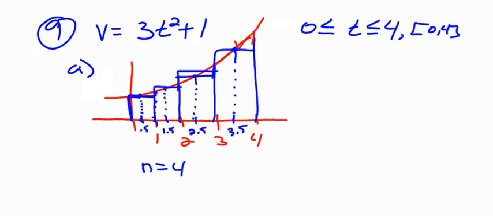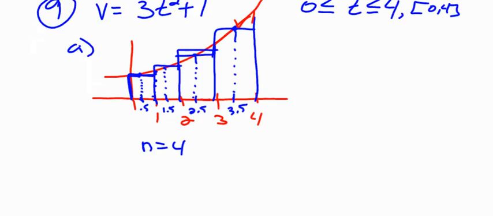But from here, I need to say my delta x is what? All right, let's figure that out algebraically. So my delta x is going to be the b minus the a over the number of intervals, n, which is 4.